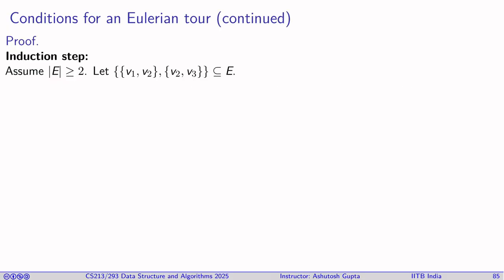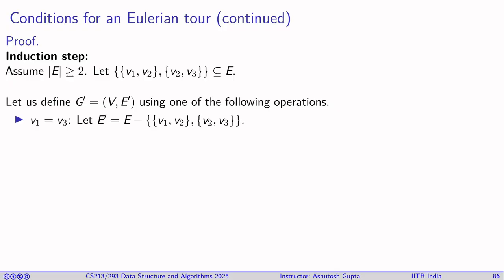Now let's continue and do the induction step. So what is the induction step? We assume that the number of edges is greater than or equal to 2. Now if that is the case, since the graph is connected, there must be a node V2 such that V2 is connected to V1 and V2 is connected to V3. Such a scenario must occur.